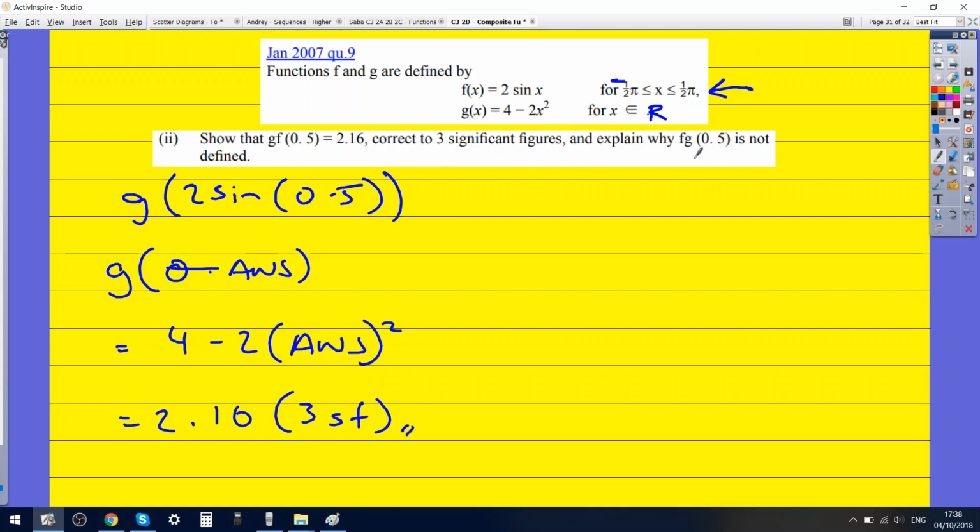Okay, and explain why the f of g of 0.5 is not defined. So g of 0.5 is 4 minus 2 sine 0.5. It's probably not going to be in the range, is it? That's my guess as well. So 2 sine 3.5. Yeah, it's not in the range.